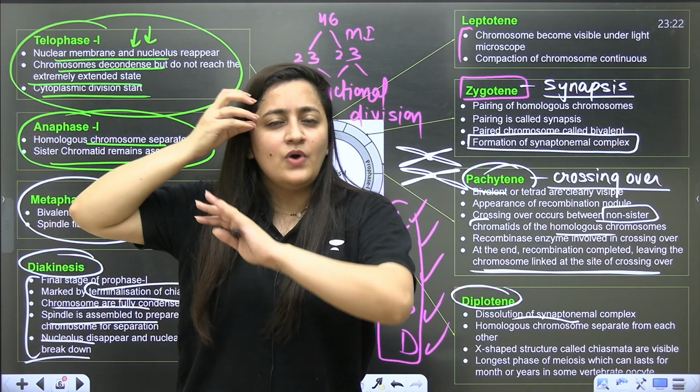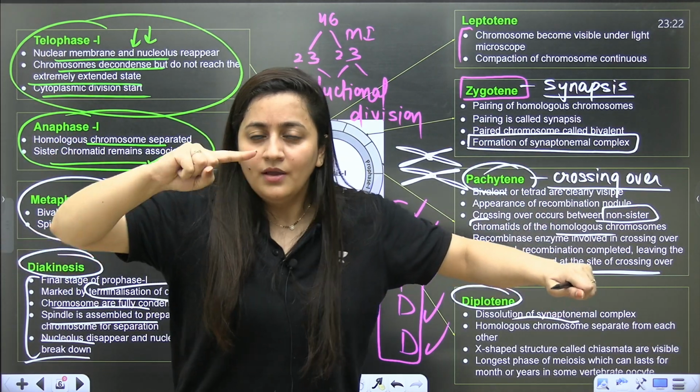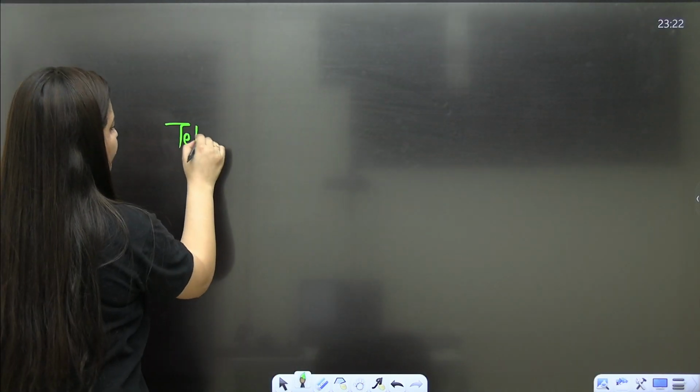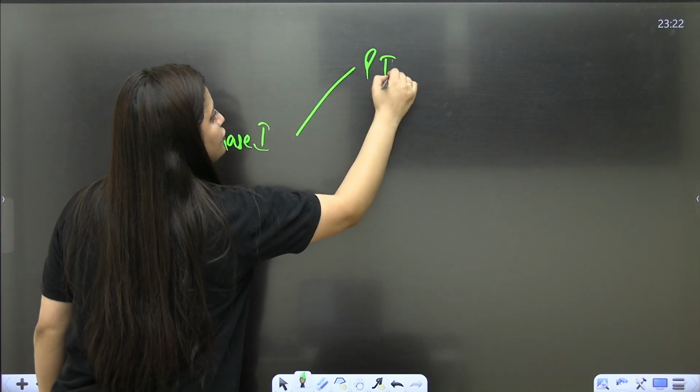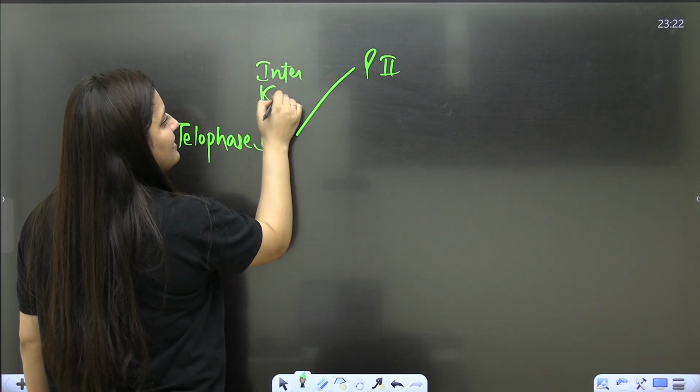So in telophase 1, there is no complete decondensation of genetic material, because immediately after telophase 1, it will enter the prophase 2. That time period, that gap in between, is interkinesis.